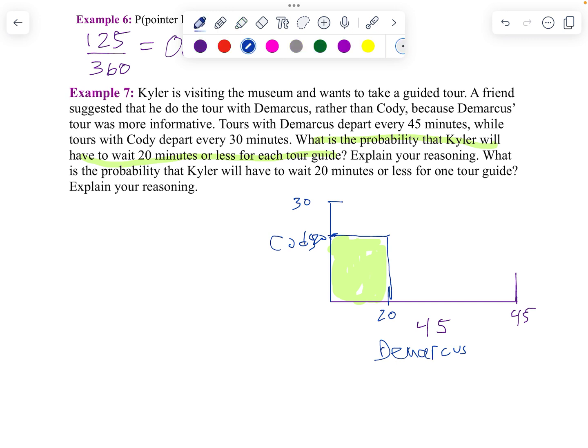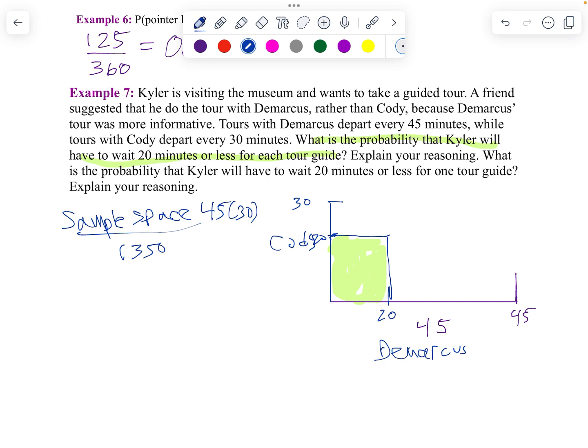We'll start here. My sample space is going to be the area of my whole rectangle. Well, that's going to be 45 times 30, isn't it? So 45 times 30, that's 1350.